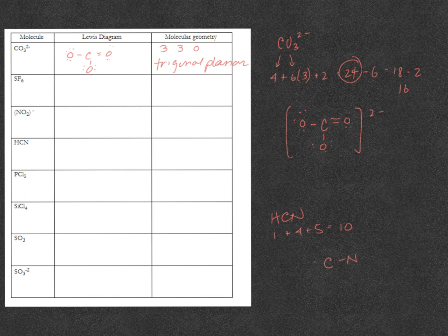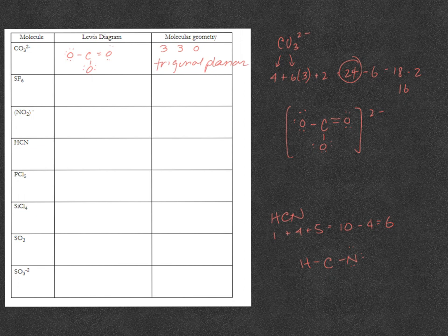Draw my skeleton structure. Subtract 2 electrons for each bond. So I have 6 electrons to distribute. You are never going to put a double bond or electrons on hydrogen. So I'm going to start on my nitrogen. I've used my 6. I'm done.